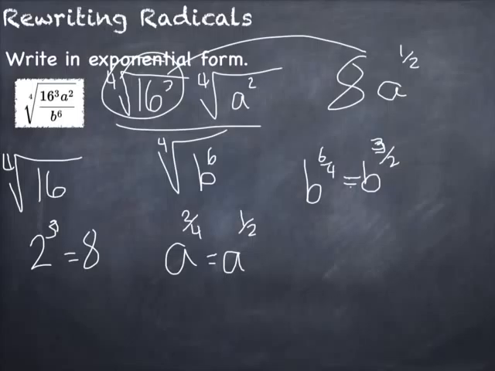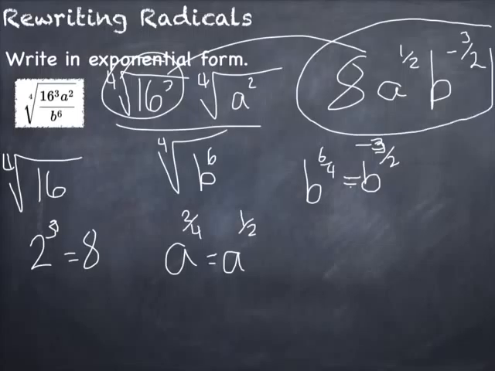But it's in the denominator, and the way we deal with that is we make the exponent negative. So instead, it's b to the negative 3/2. So we get 8, a to the 1/2, b to the negative 3/2 as our final answer. That's it in exponential form. And to be honest, it looks a lot simpler than the original expression did.